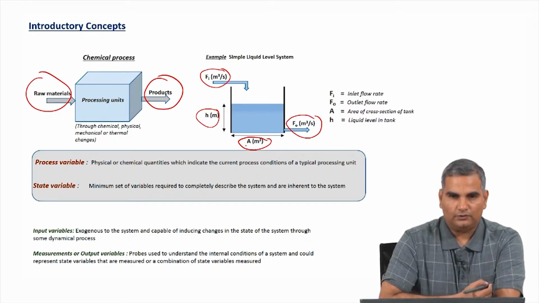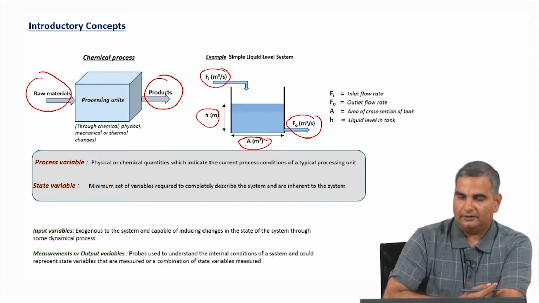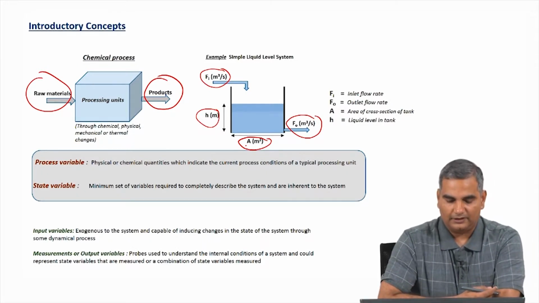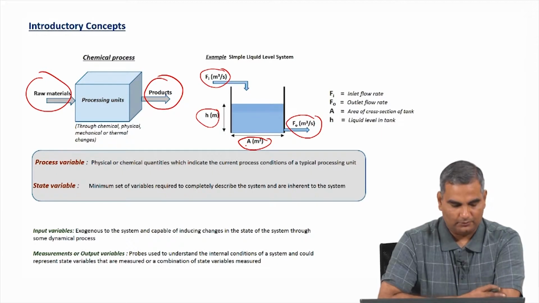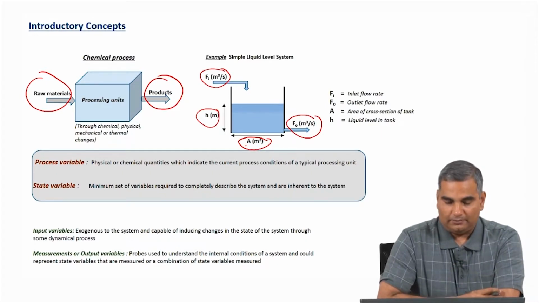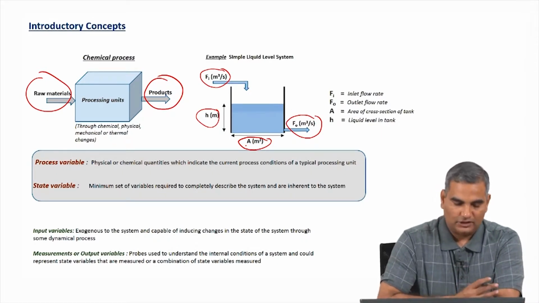So, I am going to use or define some nomenclature. A process variable indicates the current process condition. In this case, I would say Fi is some process variable, it is a very specific process variable which we will come to later. F naught is a process related variable, H height is a process related variable.